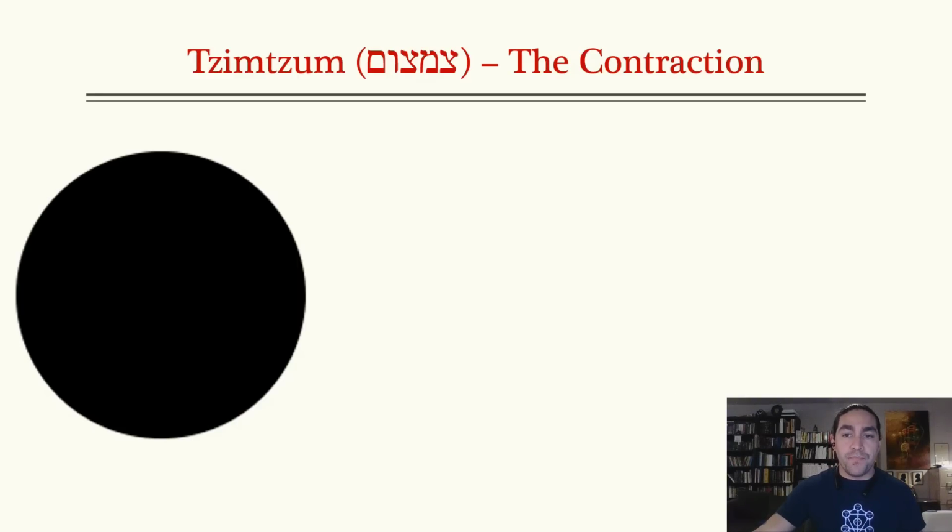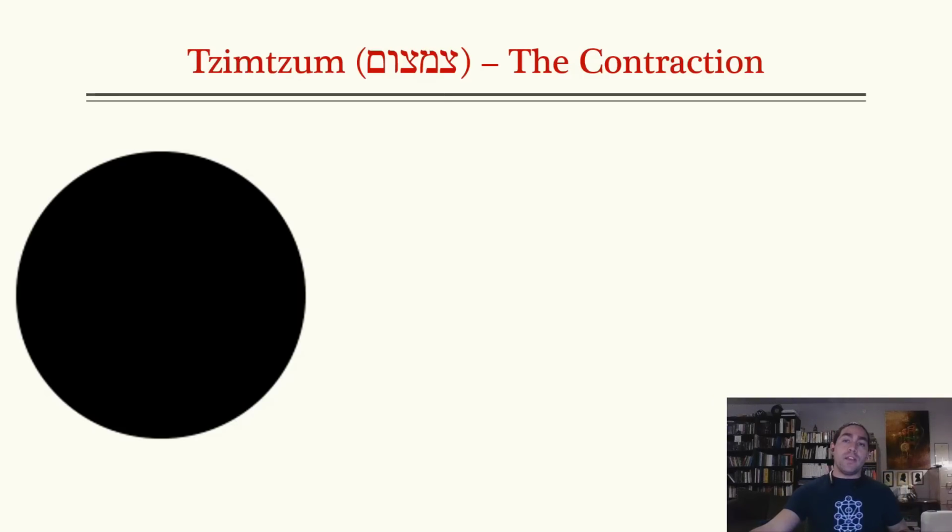This contraction by the infinite makes it possible to have creation of finite universes that have boundaries and limits. This could not have occurred without this self-initiated withdrawal of the infinite into itself. And that is that vessel, that first vessel, which is a kli, essentially. It's a space that can hold the light.